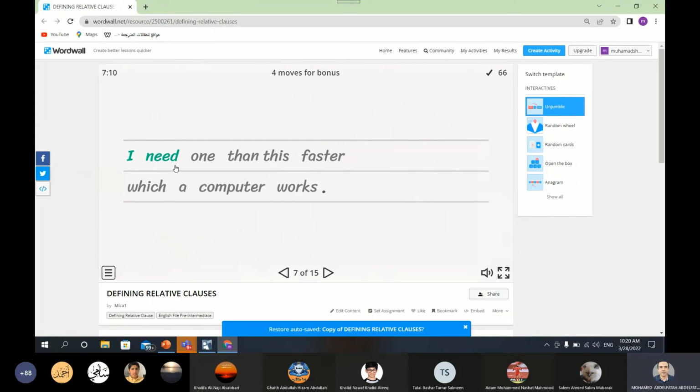The words are one, then, this, faster, which, a computer, works. I need a computer.